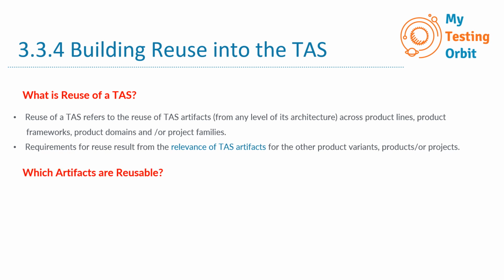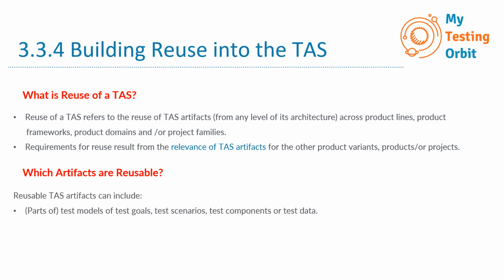Next, we have which artifacts are reusable. Okay, so reusable TAS artifacts can include parts of test models of test goals, test scenarios, test components, or test data. So your TAS includes abstract models that outline different testing goals, such as verifying a user registration, payment processing, and order fulfillment.